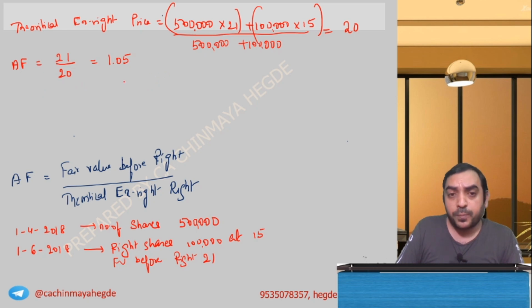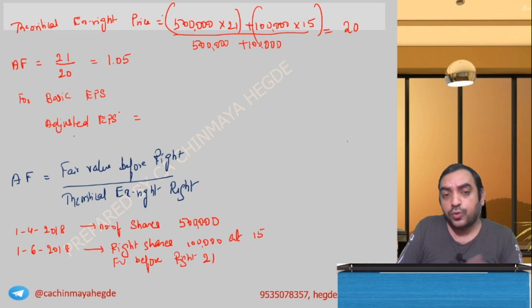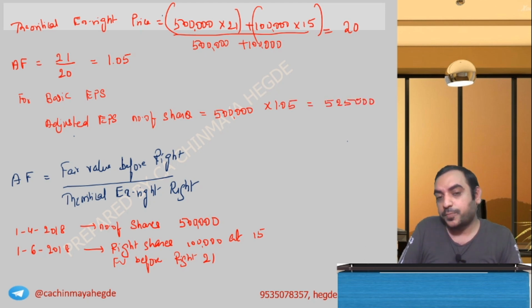So for the purpose of computing current year EPS, for basic EPS and for adjusted EPS. For adjusted EPS, what will be your number of shares going to be? Previous year 5 lakh multiplied by adjusting factor 1.05, 5 lakh 25,000.